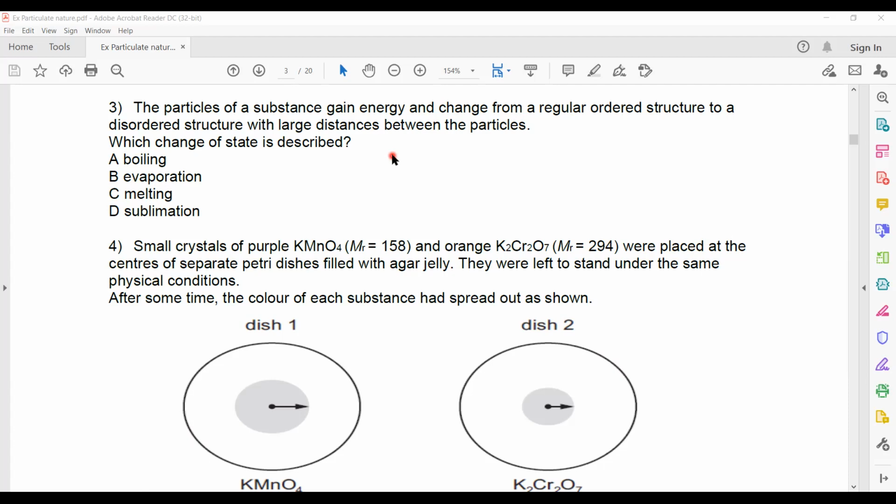What is this change? A, B, C or D? Boiling, evaporation, melting or sublimation?